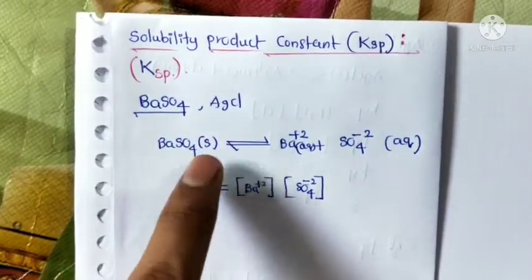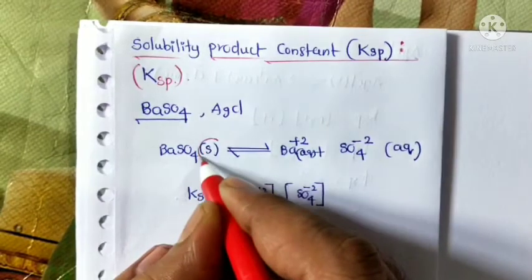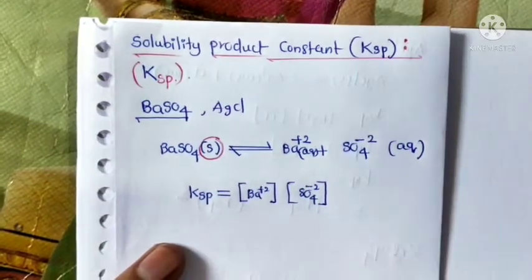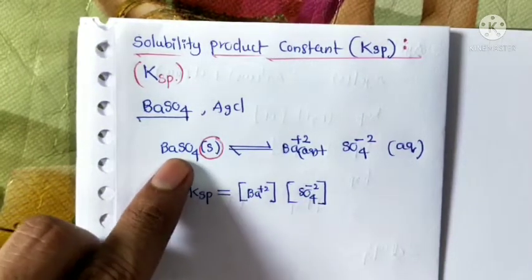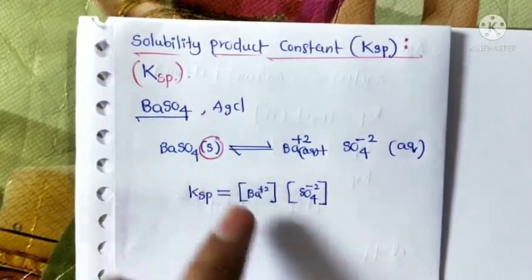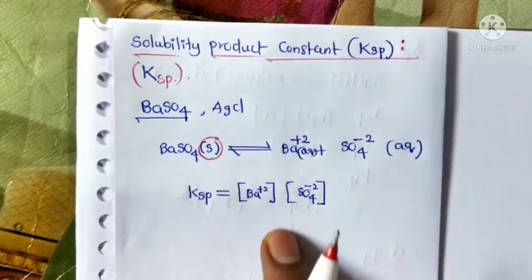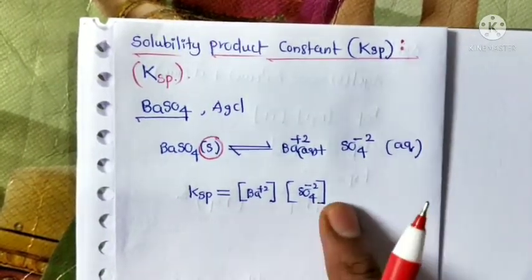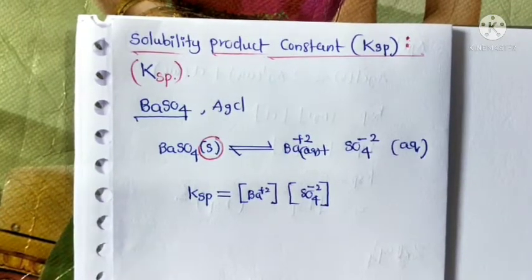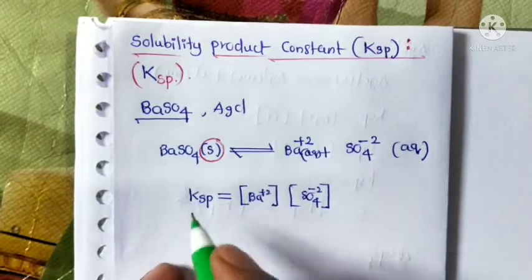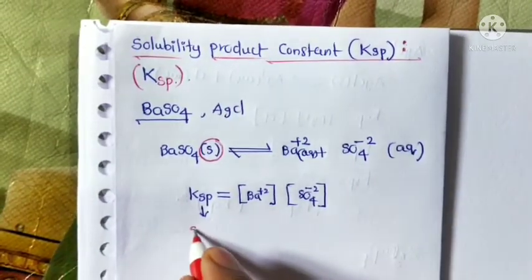But the molar concentration of a pure solid remains constant, so the barium sulfate concentration is always 1. So the product concentration is divided by 1, nothing but the product concentrations. So here KSP is called the solubility product.